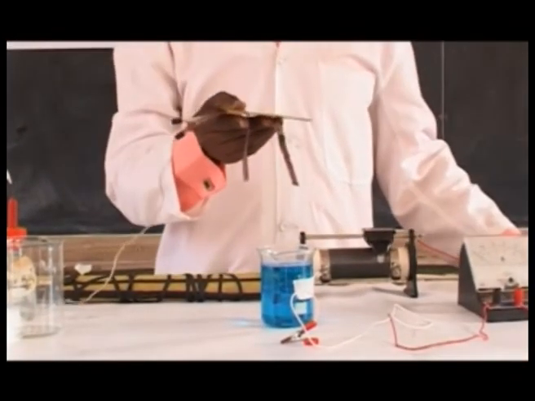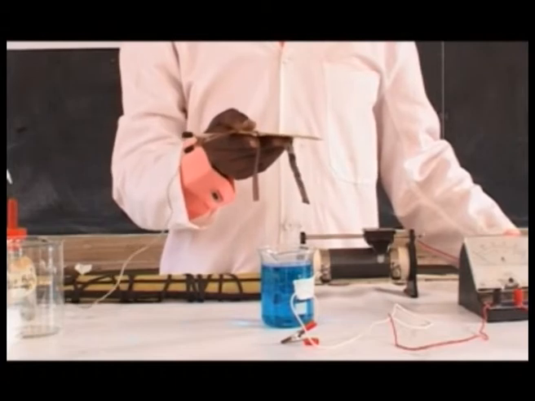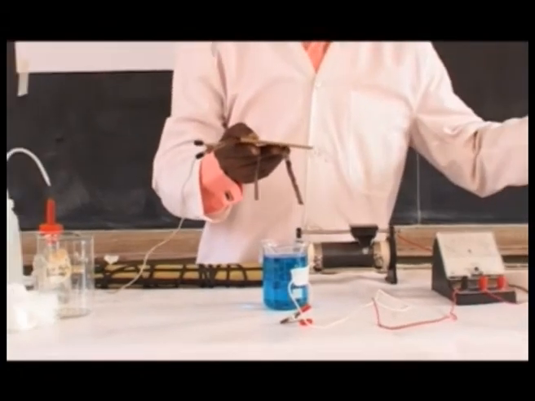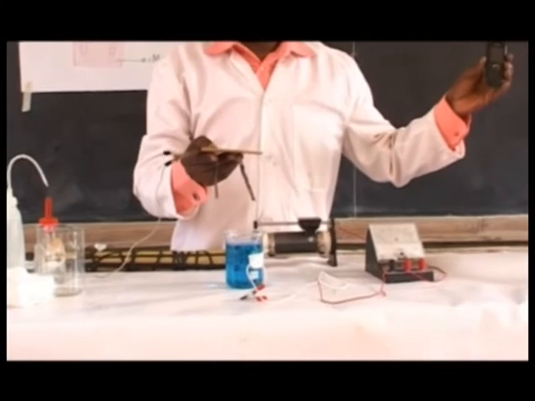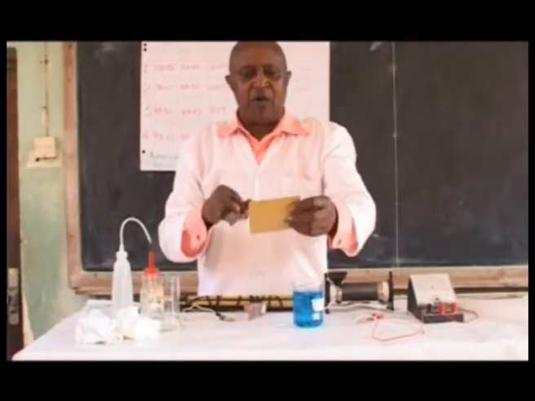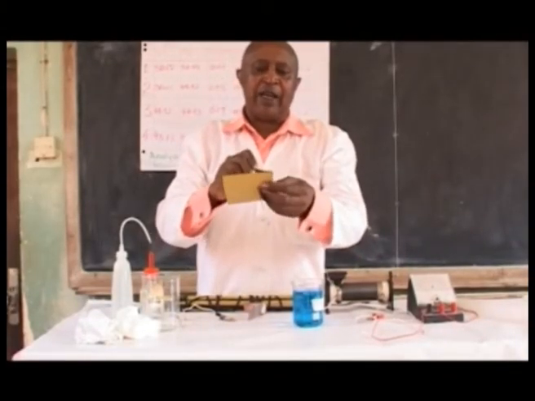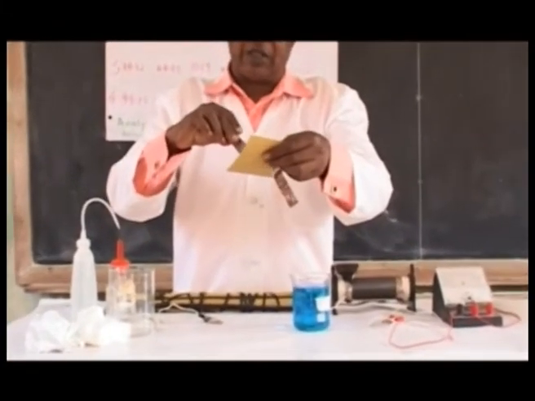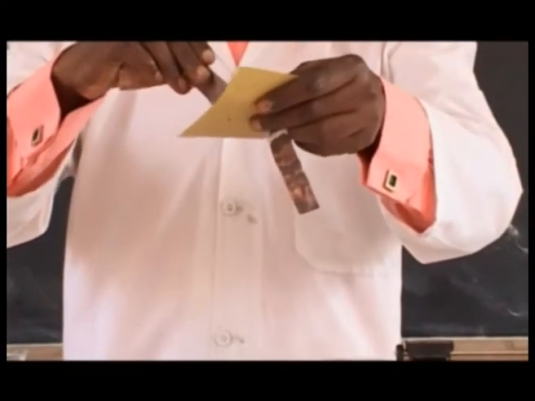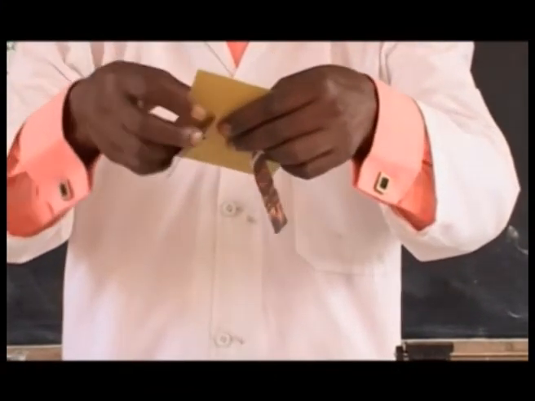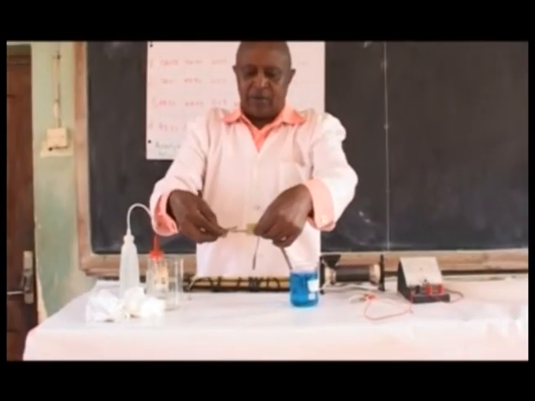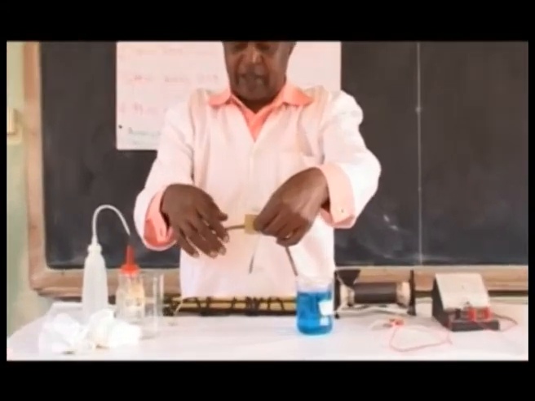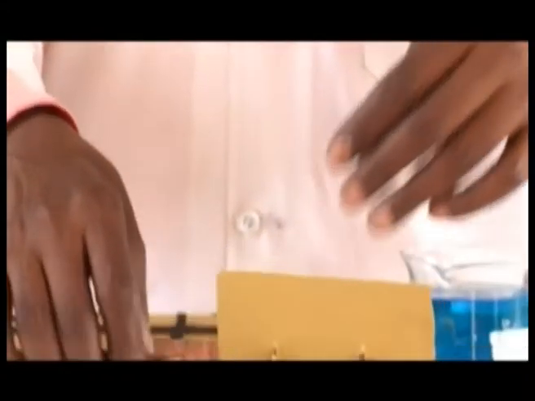When these electrodes are introduced into the electrolyte, you will need to read the time. Use a cardboard paper to hold the electrodes and make sure that they don't touch each other while they are in the electrolyte. Connect the circuit by the crocodile clip.